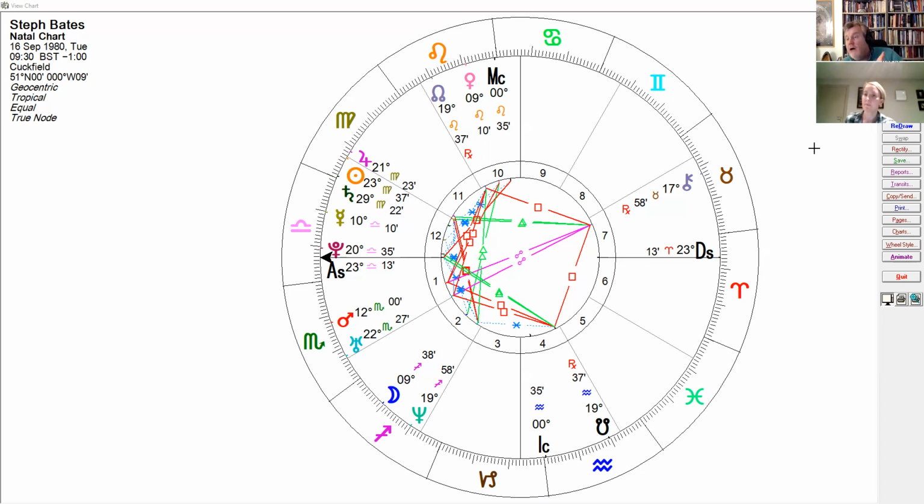The other half of that hemisphere, because we're looking at the southern hemisphere as all 6 houses, starting with 7, 8, 9, and then 10, 11, 12. And 10 is the career house, so that's usually where the MC lies, around about there. It tends to be a floating point in the chart.